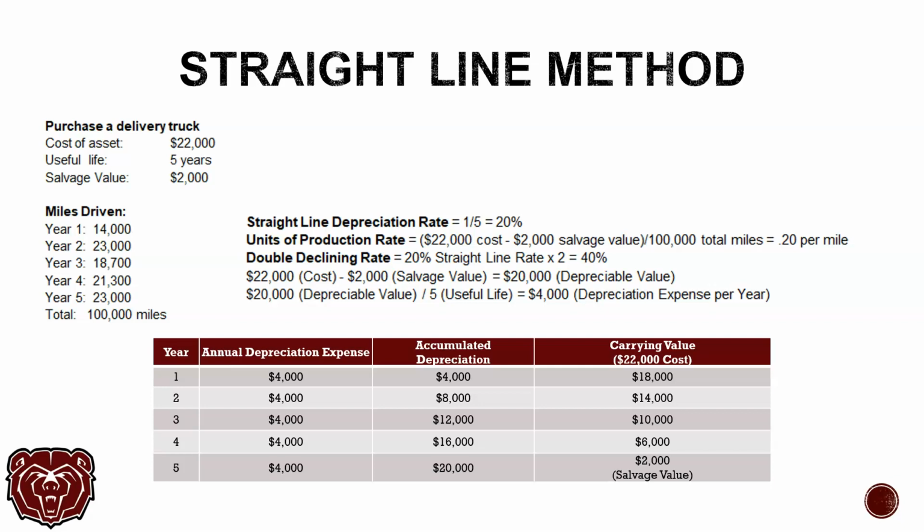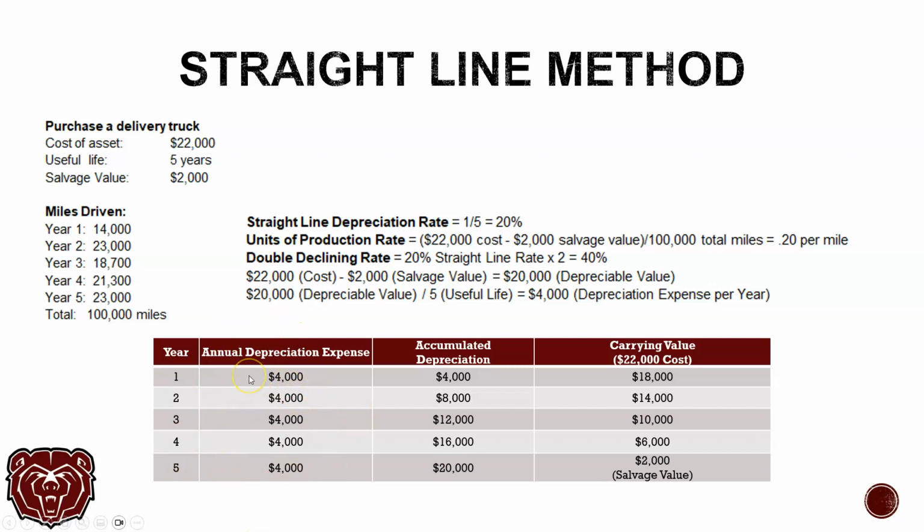You could also find your depreciation cost by taking the depreciable base, the cost less the salvage value, and dividing that by the useful life. So in this case, it would be 4 or 5. So you would get $4,000 a year that you would depreciate, and we'll see that here in the schedule. Notice that straight line is the same every year.